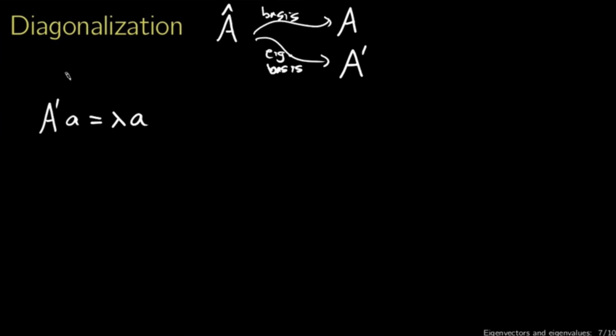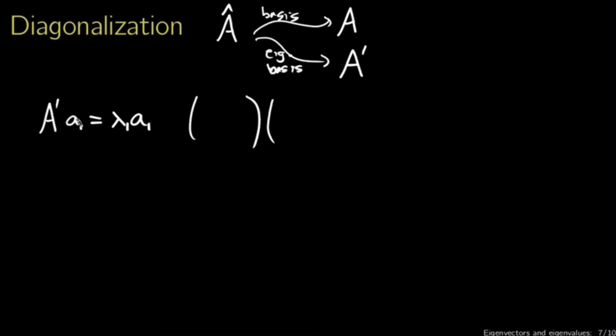If I consider what A prime actually looks like, this eigenvalue equation will be solved, say, for a1 and eigenvalue lambda 1, where lambda 1 is the first eigenvalue, and a1 is the associated eigenvector. In the eigenvector basis, which is where we're expressing A prime, I'll just leave A prime blank for now.